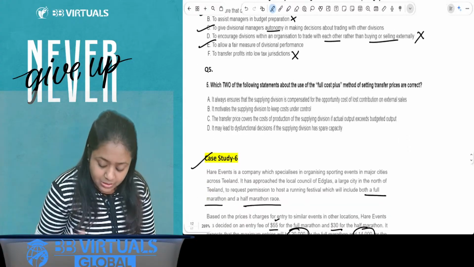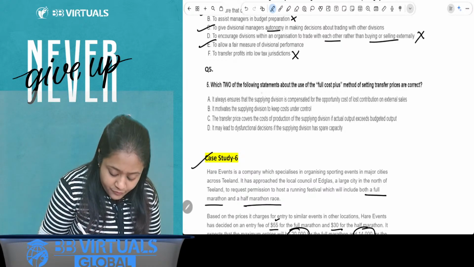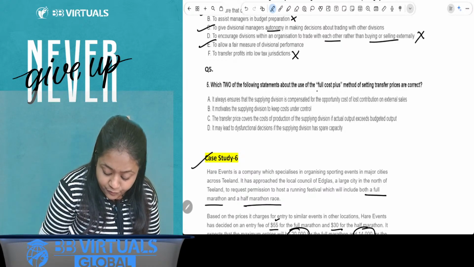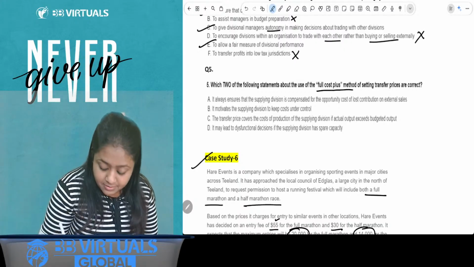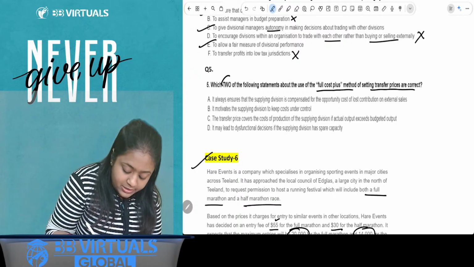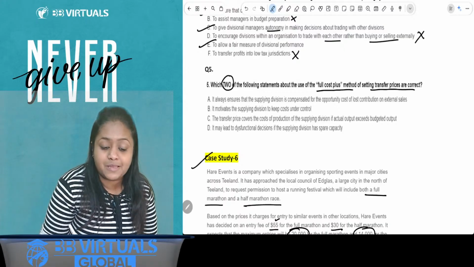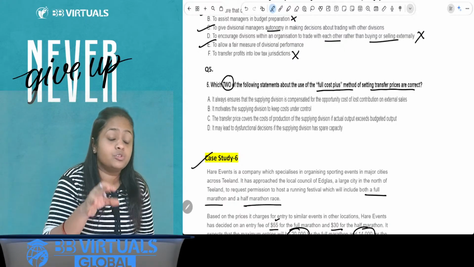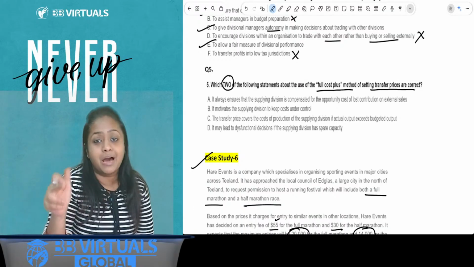Great. Let's go to the last part of your last case study. Which two of the following statements about the use of the full cost plus method of setting transfer prices are correct? Full cost plus method means that the selling division is setting a price at full cost plus margin.